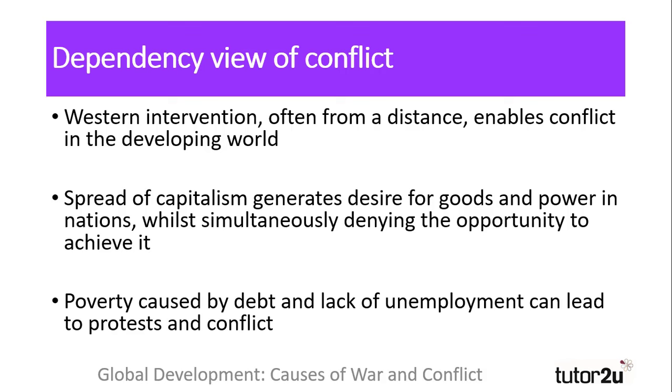Exploitation through work and the import of cheaper Western goods creates the conditions for conflict, as many in the developing world remain in poverty, whilst TNCs and the elites prosper. This leads to conflict, firstly through protests, which have the potential to become insurgency.